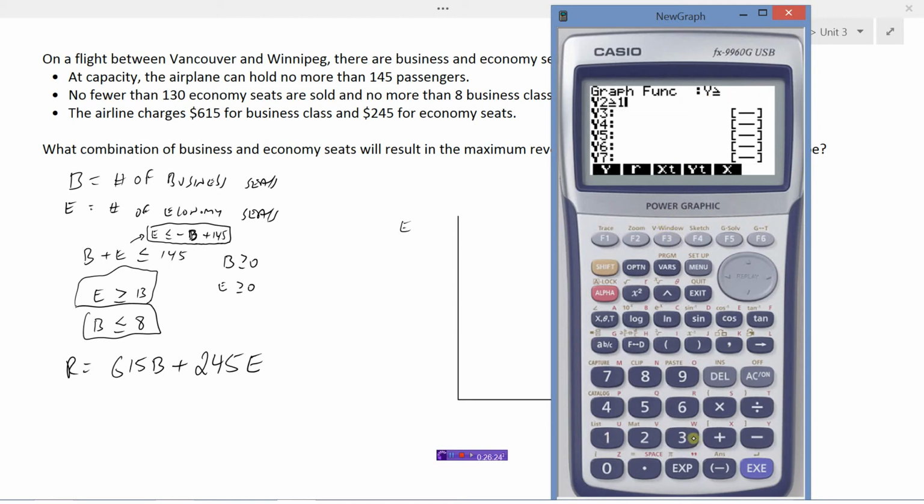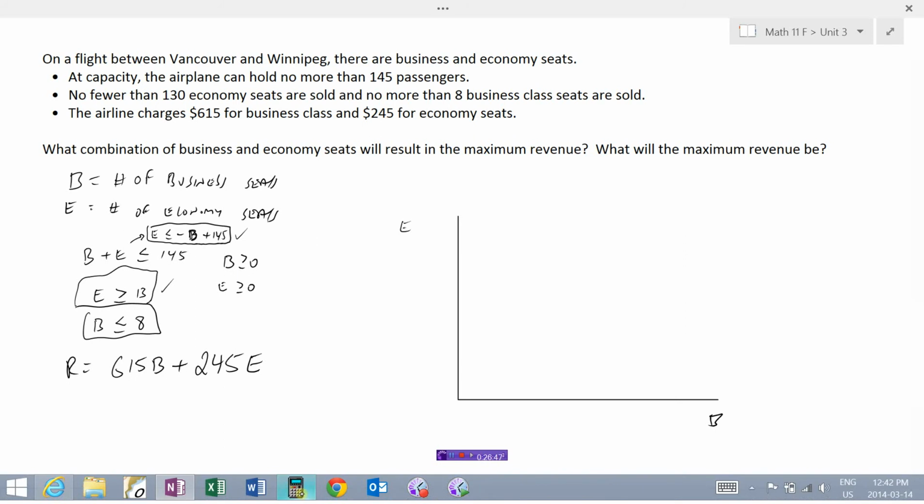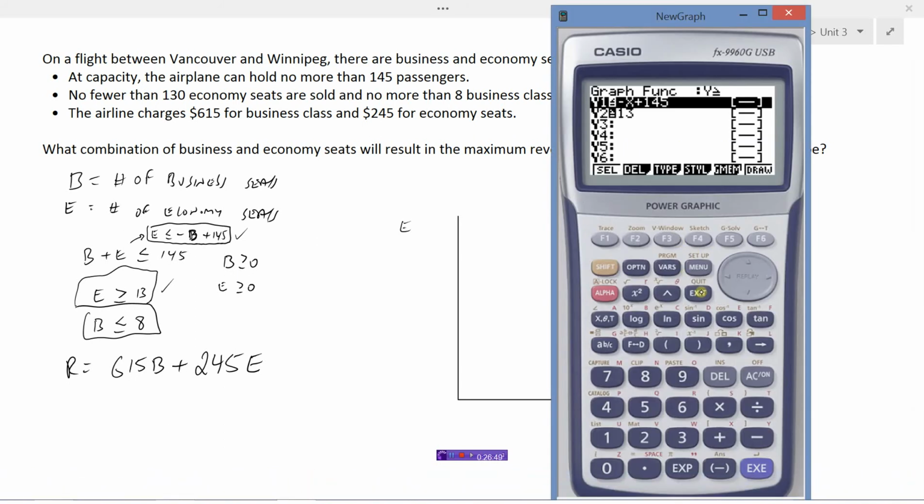Good. Now when I look at my equations, it should show y is less than or equal to. It's showing that now. I don't know why it wasn't before. And then y2 is greater than or equal to 130. So I've got my two functions in here. I've got this one entered in the calculator, and I've got this one entered in the calculator. Now these three here, we're going to deal with those in the view window.